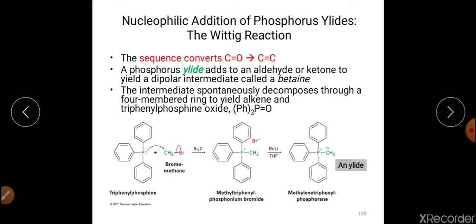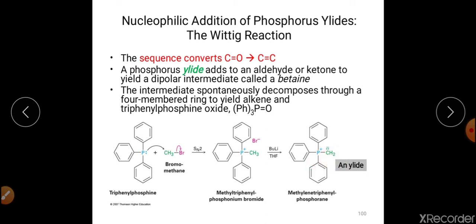So it will form methyl triphenyl phosphonium bromide, and this on reaction with butyl lithium will get converted into an ylide, that is phosphorus ylide, right? So this is your phosphorus ylide.